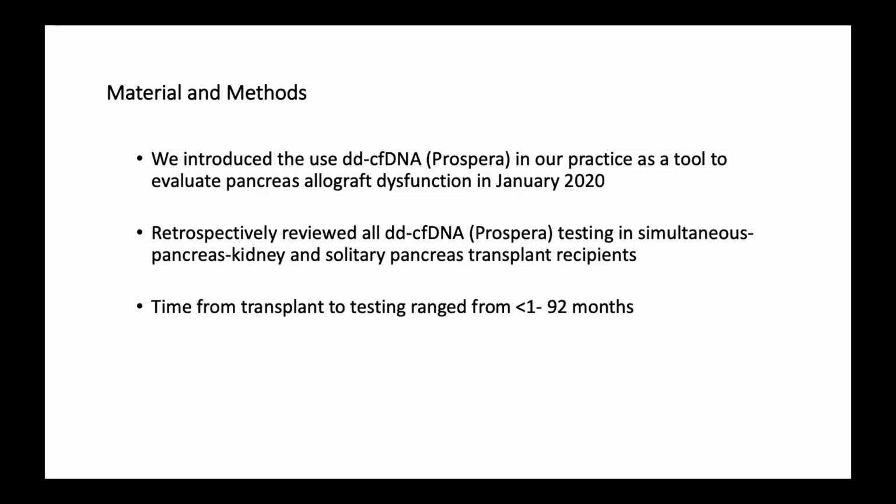Then we find the creatinine is elevated or the amylase and lipase are elevated. Then we typically reach out to the patient. The coordinator would reach out to the patient, ask what's going on, take a brief history: are you dehydrated? Did you drink enough? Did you have enough bowel movements or whatnot? And then we discuss that with the coordinator, look at their immune suppression and generate a workup plan.